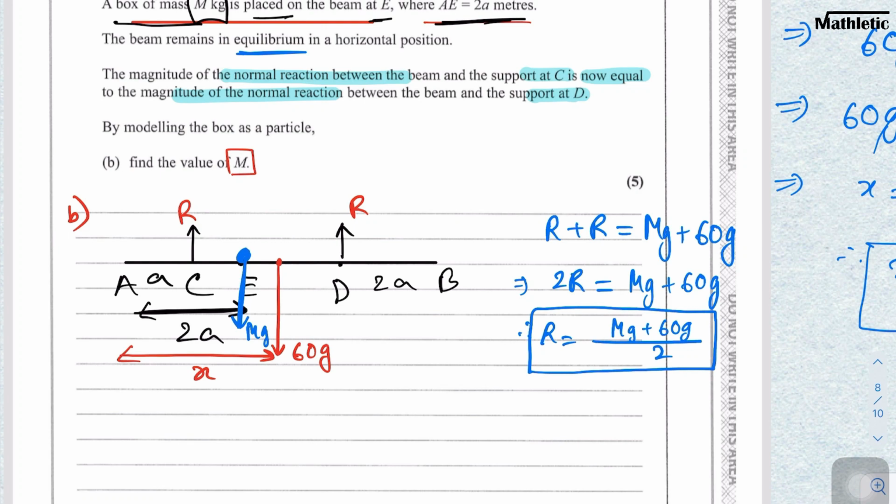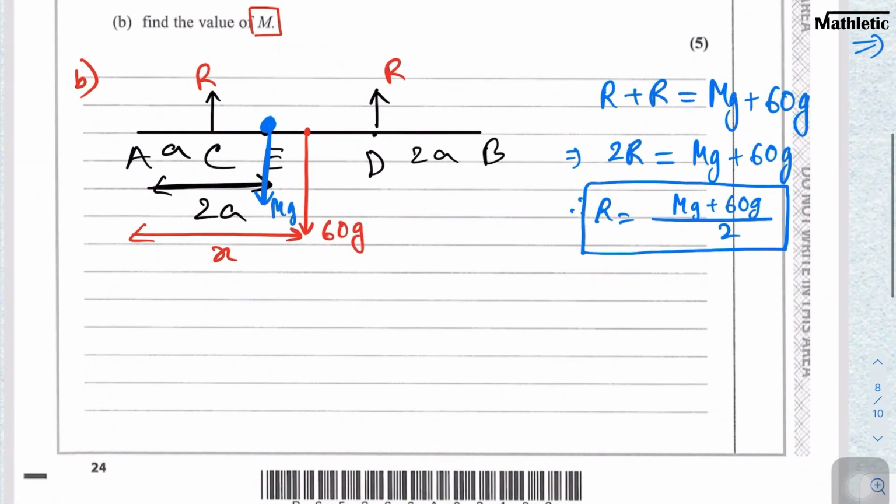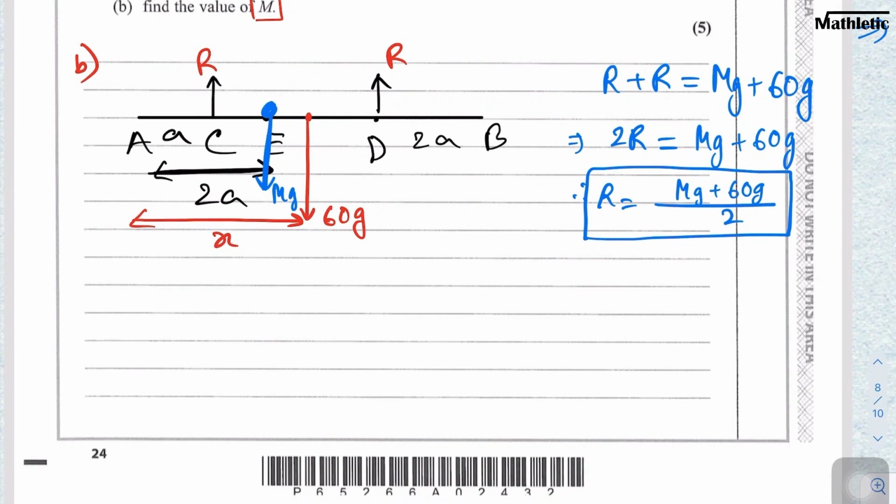Next we need to find an equation for moments, because we need to solve this, right? You can consider any point, since all the distances are measured from A. So it's easier if I just select moments at A. From this location A, this reaction is giving an anti-clockwise moment, so minus R into a. Then this mg is giving a clockwise moment, mg into 2a.